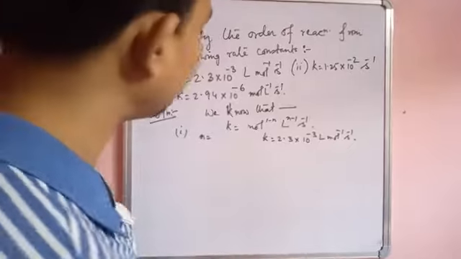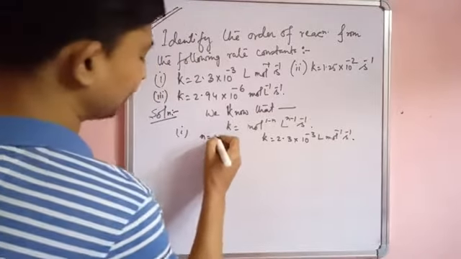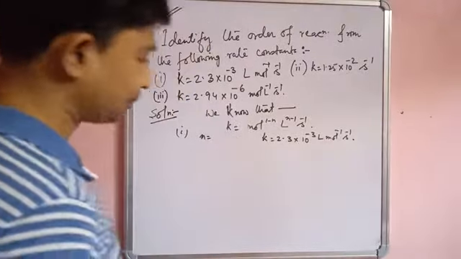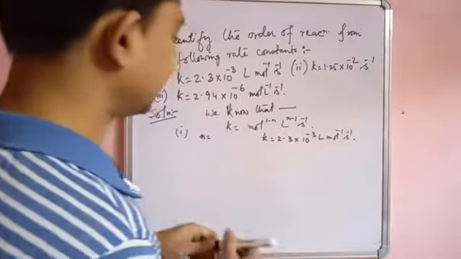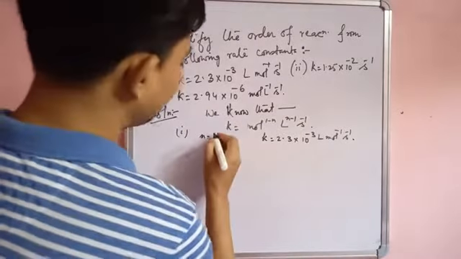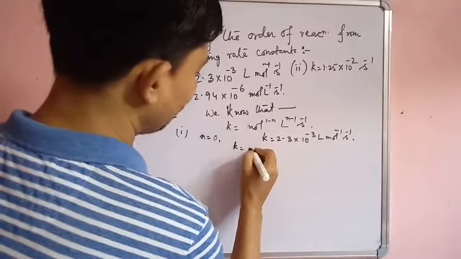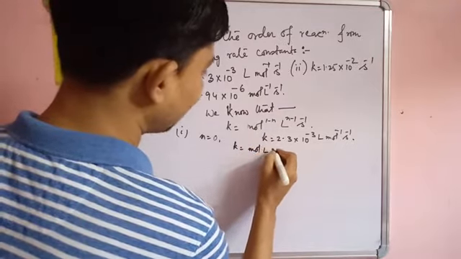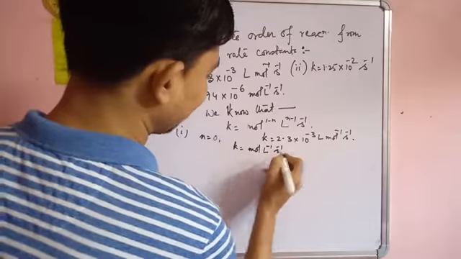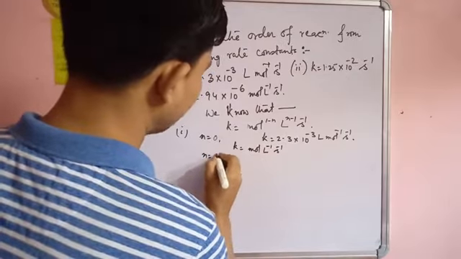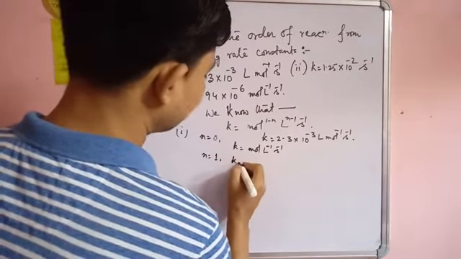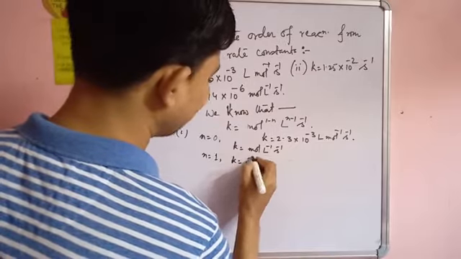Go on putting values of n. If we put n equal to 0, then k comes as mole per liter per second. If we put n equal to 1, then k comes as per second only.